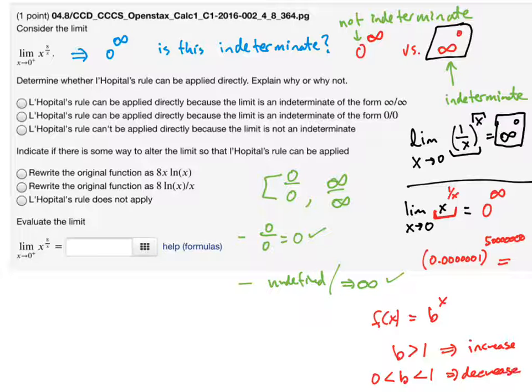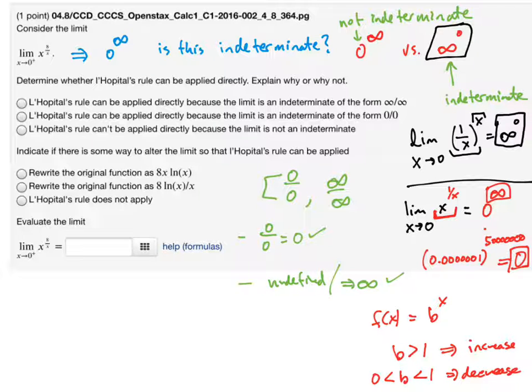If we're multiplying some number that's between 0 and 1 over and over and over again, that is just getting smaller and smaller. So if we do that an infinite number of times, this is just going to 0. It doesn't matter what our base number is, it doesn't matter what our exponent is. If our base number is getting closer and closer to 0, that is always going to win out. So this is what this limit is equal to.